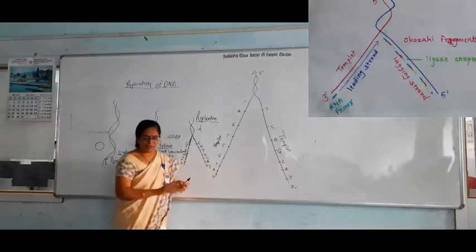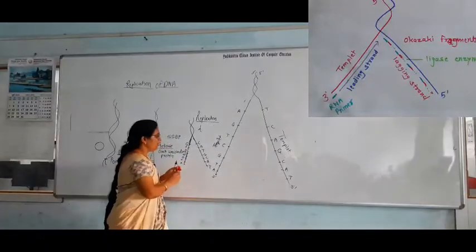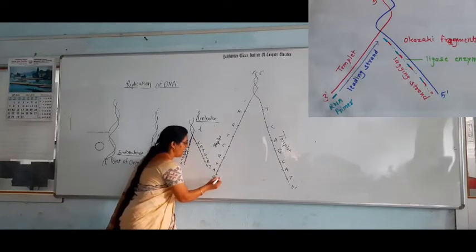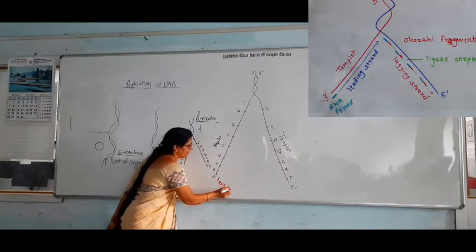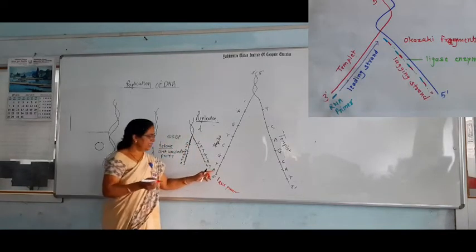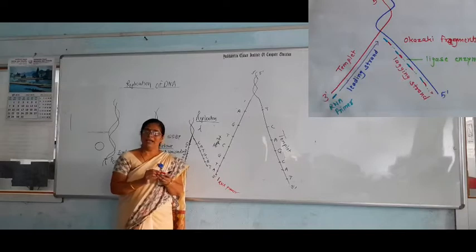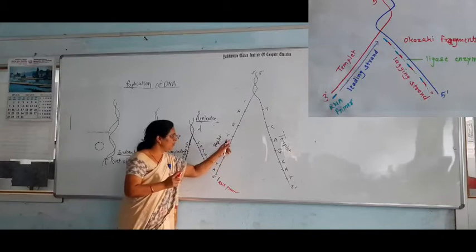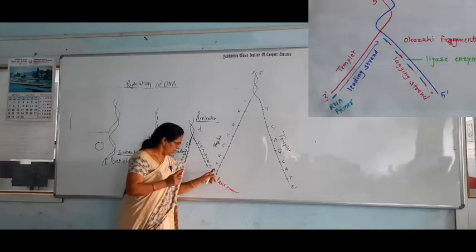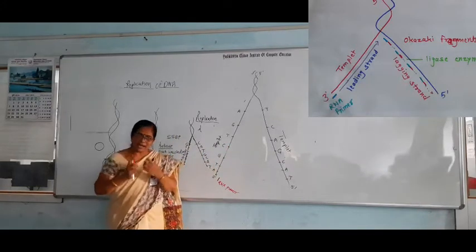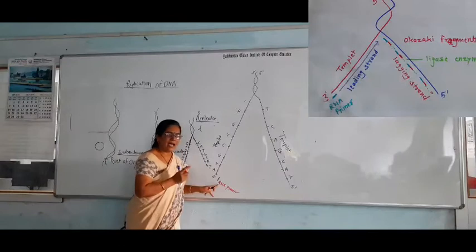Okay. So how is that newly produced strand produced? First of all, here the RNA primer is necessary. This is the RNA primer. RNA primer attracts the complementary nucleotides to the nucleotides present on the DNA.